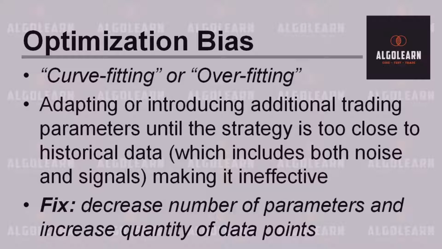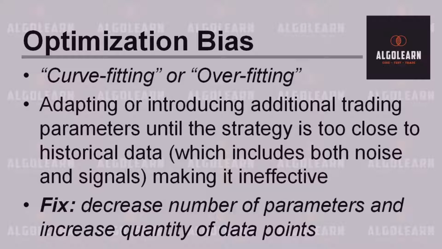You're also including quite a bit of noise in the analysis. So when you go into the future, if that noise isn't there or that noise changes, that really throws off your algorithm. Many people scratch their head and say, wow, it looks so great on the back test, but going forward, when I started live trading it, it didn't work really well. And a big reason for that is overfitting or curve fitting.